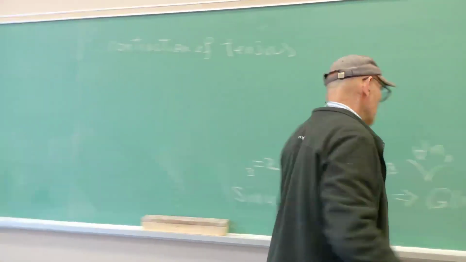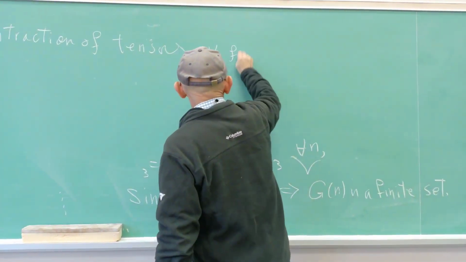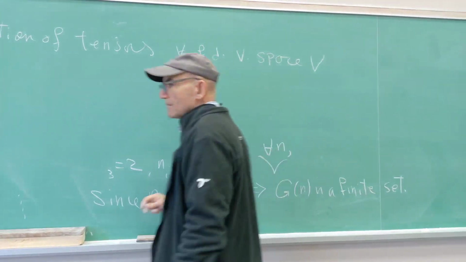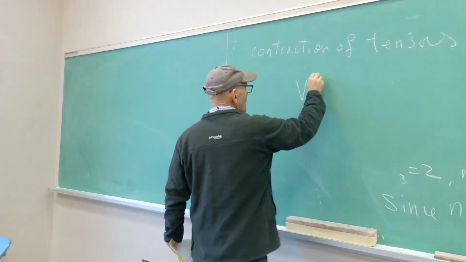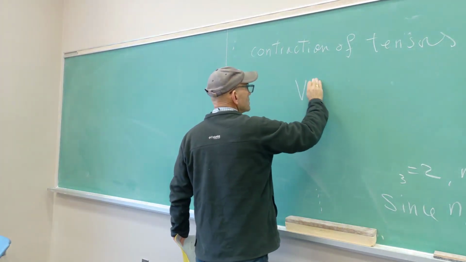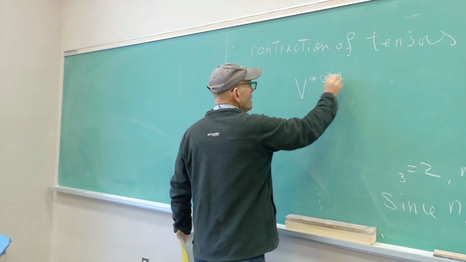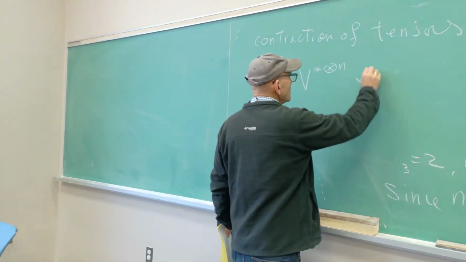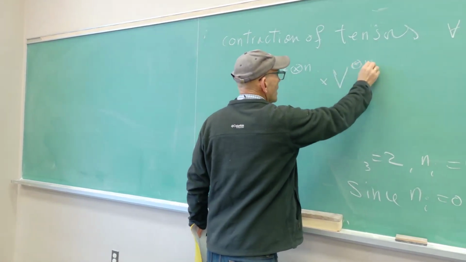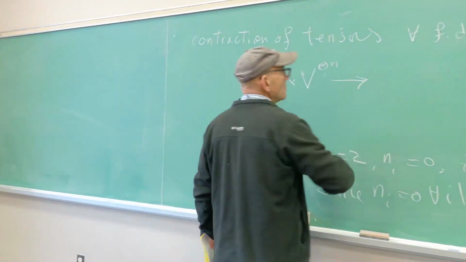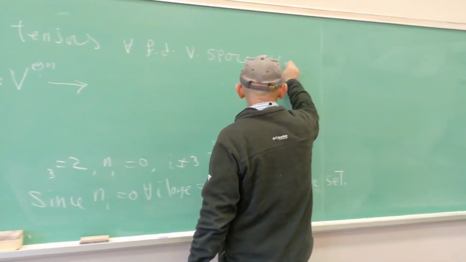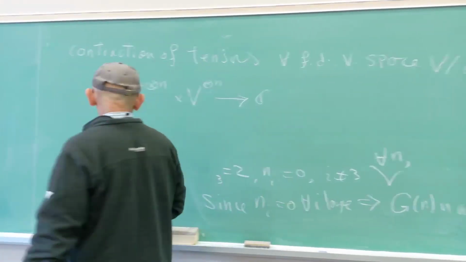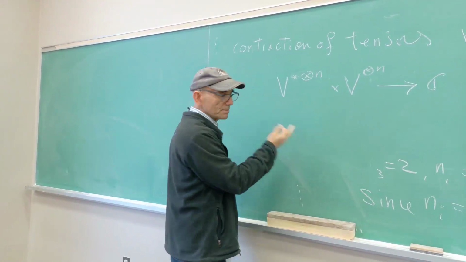There is a map for any finite dimensional vector space V. We have this map from V star tensor n, the dual of V, tensor V tensor n, to, say over complex numbers, for example, to C, where it's an evaluation map, right?